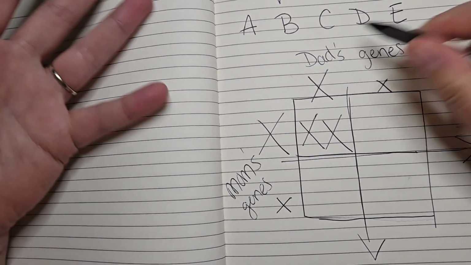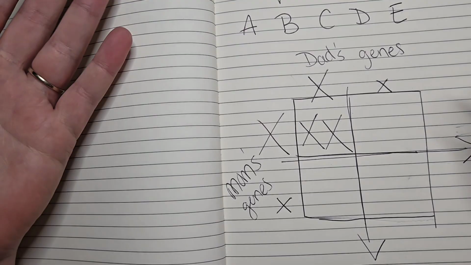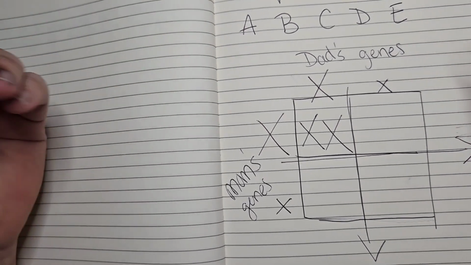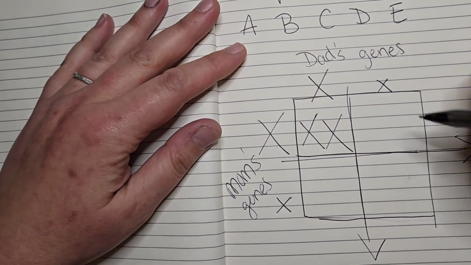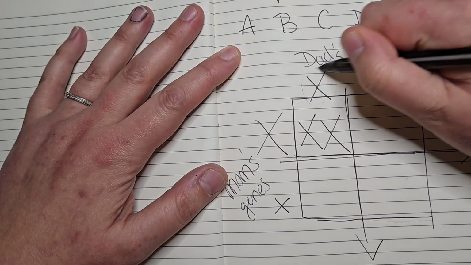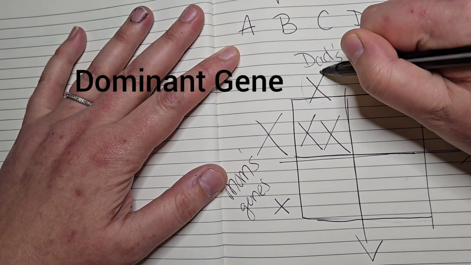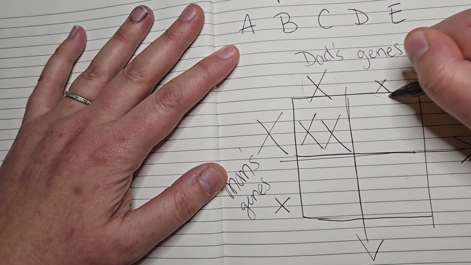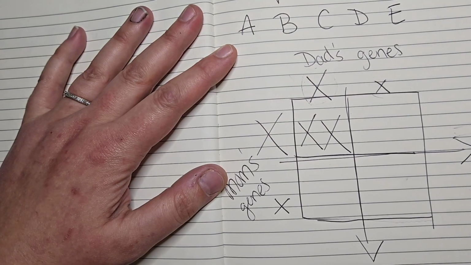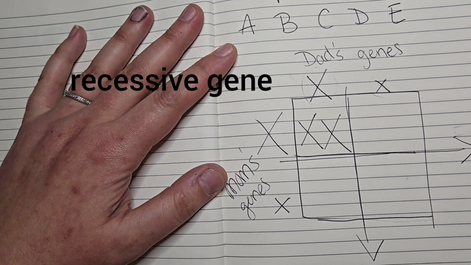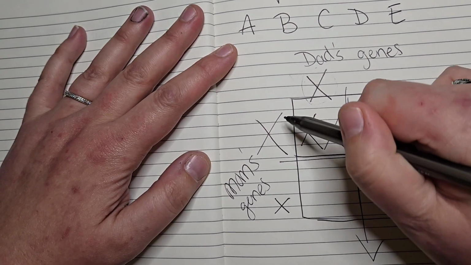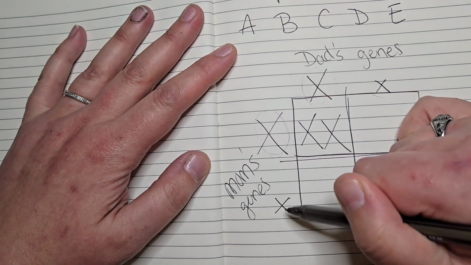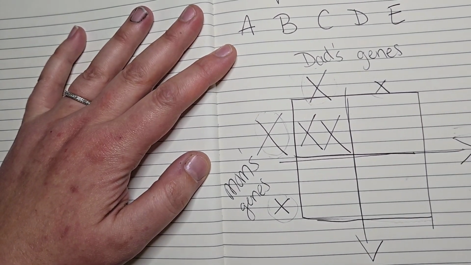And in many of the rabbit genes, capital letters are dominant genes, and dominant is always what's going to show up, okay? So we have a big X, that's indicative of a dominant gene, and there's his second gene, which is a little x, which is indicative of a recessive gene, okay? So we have a dominant gene here on mom's side and a recessive gene here on mom's side, okay?